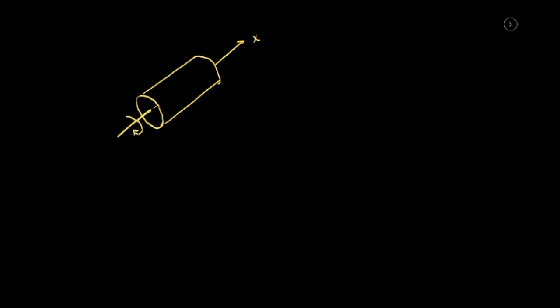Consider that this cylinder has mass m and radius r. Then the moment of inertia of this cylinder is equal to 1 divided by 2 m r squared. A bit later we are going to derive some of these quantities, not all of them, but some of them.